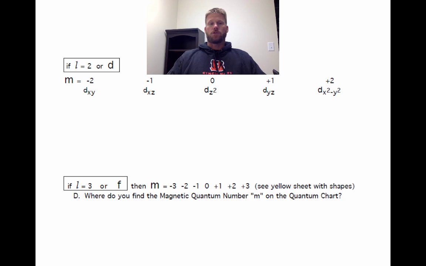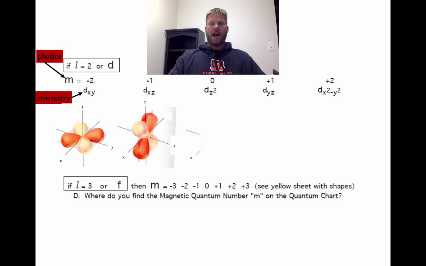For L equals 2, there would be 5 possible M numbers: negative 2, negative 1, 0, positive 1, and positive 2. These correspond to the 5 different orientations that these cloverleaf shapes can have in three-dimensional space. Once again, the numbers for M represent the physics notation, and the symbols represent the chemistry notation.